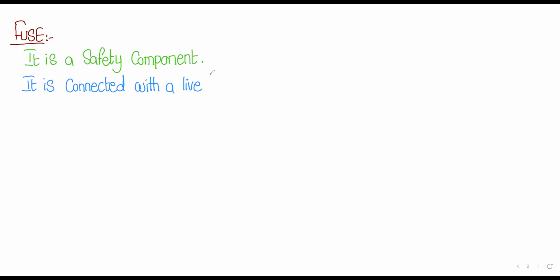If you connect the fuse with the neutral wire, current will flow through the whole circuit first, and then this fuse will melt. So there will be no use of connecting fuse in the neutral wire, right? So that's why we connect fuse in a live wire. And the third important thing, the range.